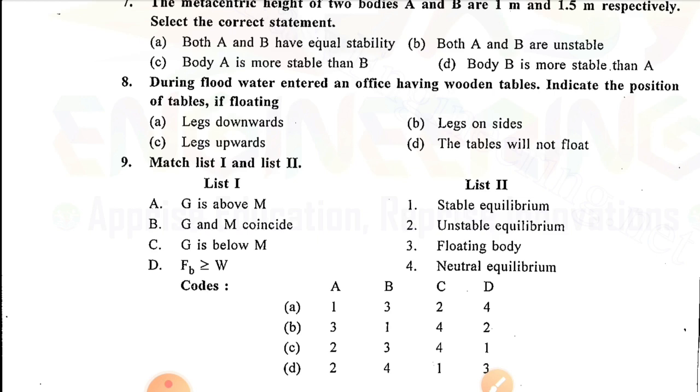G and M coincide: option 4 is correct, neutral equilibrium. G is below M is equal to stable equilibrium. FB greater than W: it is a floating body. So option D is correct.